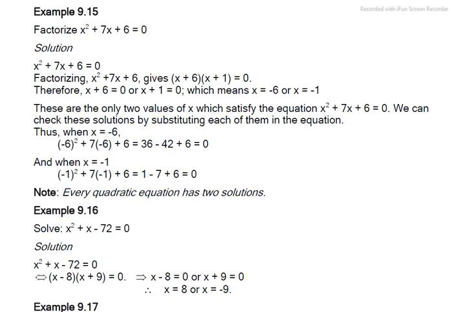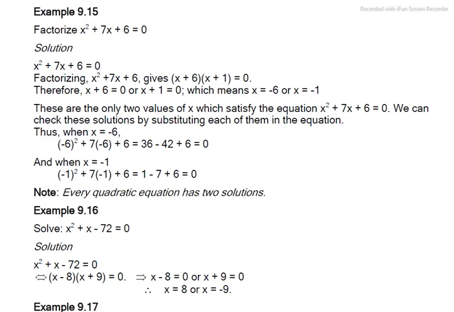And every quadratic equation that has power 2 has two solutions, meaning that as you are solving a quadratic equation, you must get two solutions.